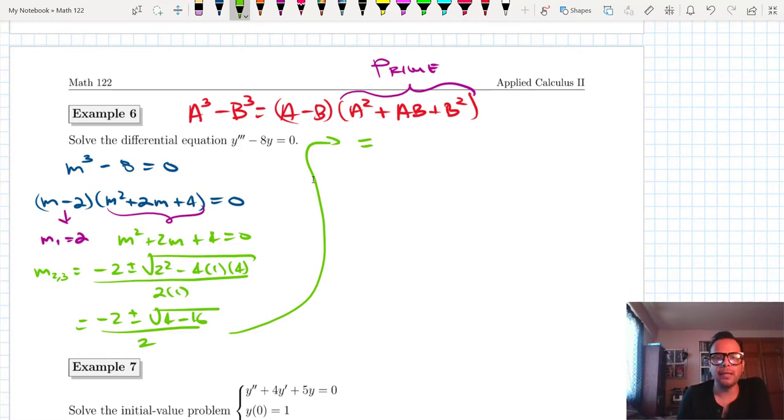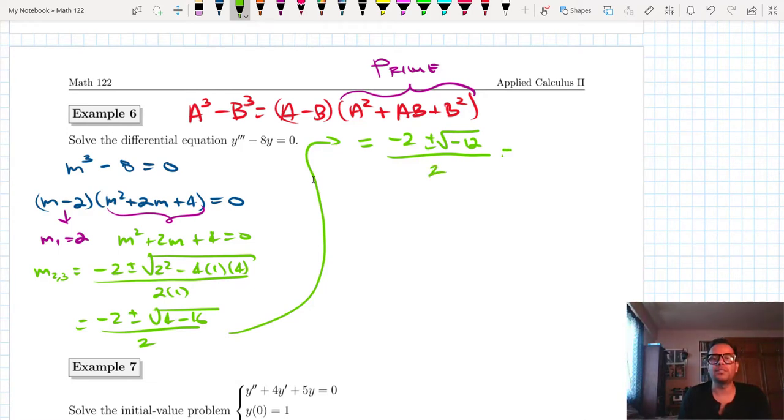And this will be negative 2 plus or minus the square root of negative 12. Be careful when simplifying that negative 12, because we will need to break up these factors inside of the radical expression in order to find perfect squares.